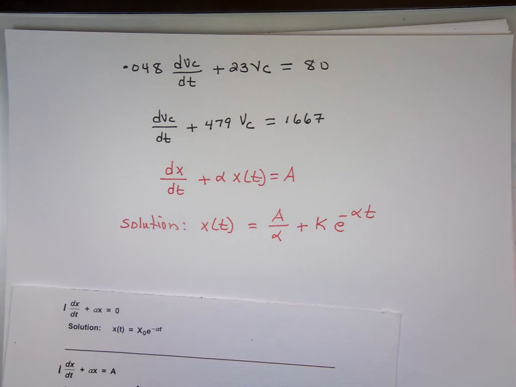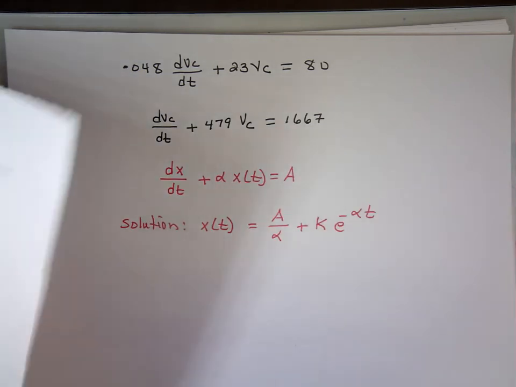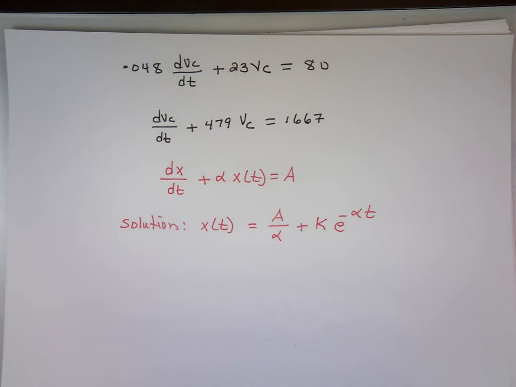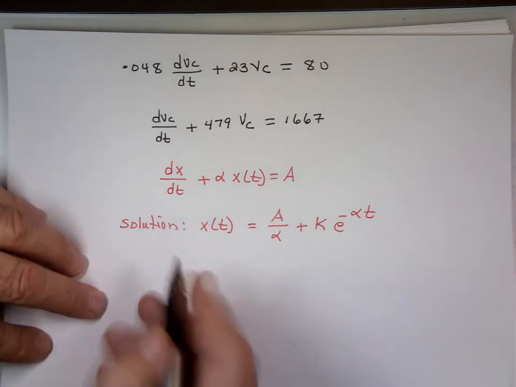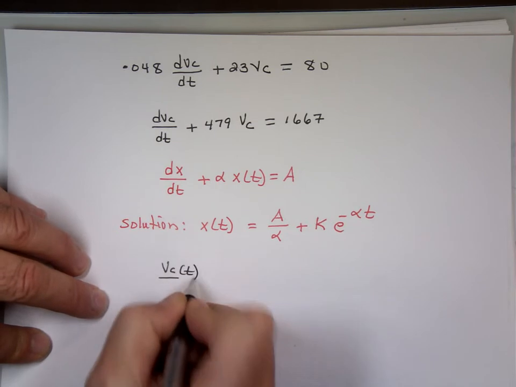That's what that little sheet I wrote there. That's what you have. So in this case, my solution to this problem is going to be what? Vc as a function of time. I don't know why I wrote slash line. There's no line here.